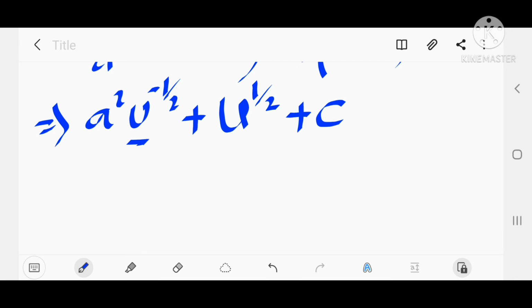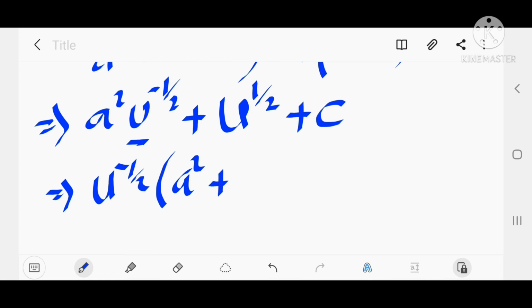When you factor it out, we have u exponent negative half, bracket open a squared plus u, then plus c.